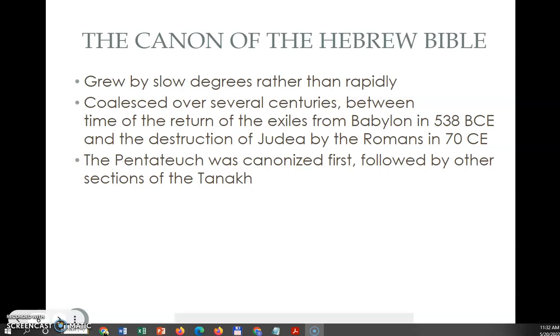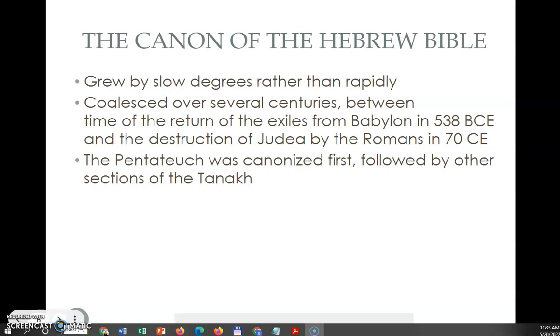I tell my students often that the Bible didn't fall down from heaven in a nice box with a red ribbon around it, but rather it grew, and it grew over several centuries, probably beginning with the return of Judean exiles from Babylon in the year 538, and the destruction of Judea by the Romans in the year 70. So, in other words, what we have here is a process that lasted several centuries, and it happened by stages.